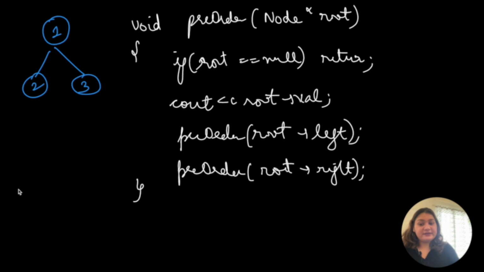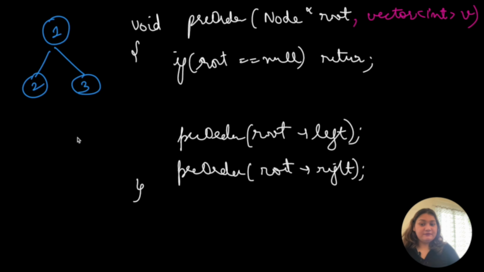How to convert that in order to store this information in a vector instead? That means we have to pass a vector into the parameter so that we can store the information. So we will write vector of int v. Now whenever we are doing cout, instead we just write v dot push_back root's value.